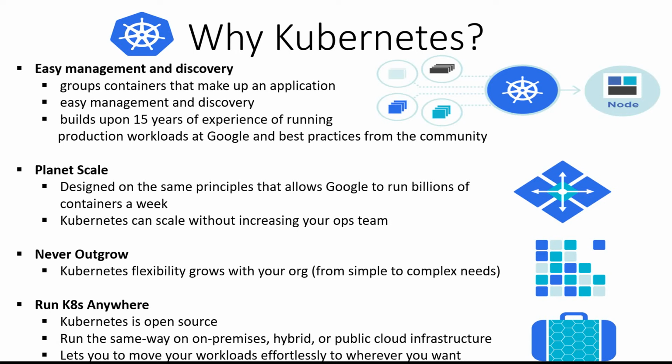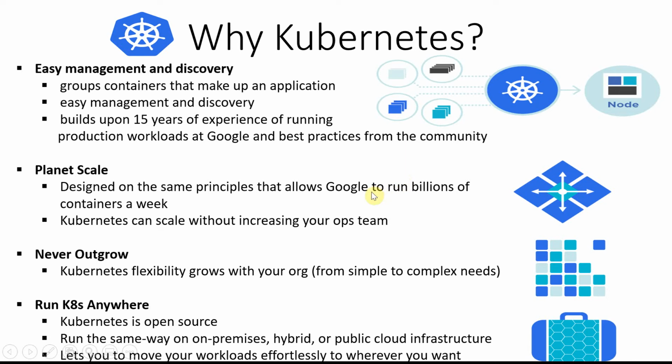But here it's called planet scale, which means you can run billions of containers, and it is already proven and tested. Google has been using this for almost the last 15 years, so it is designed on the same principles that Google follows to run billions of containers a week.